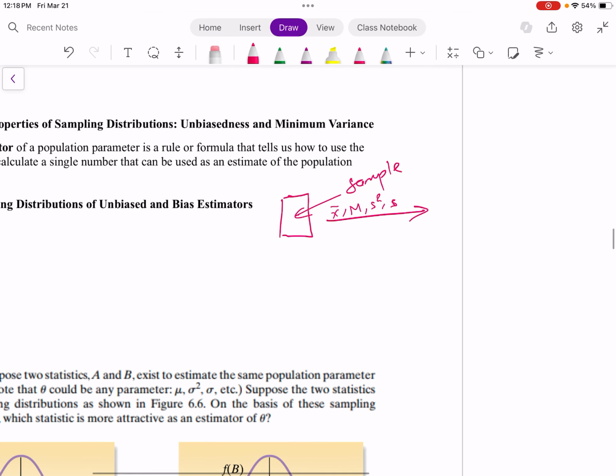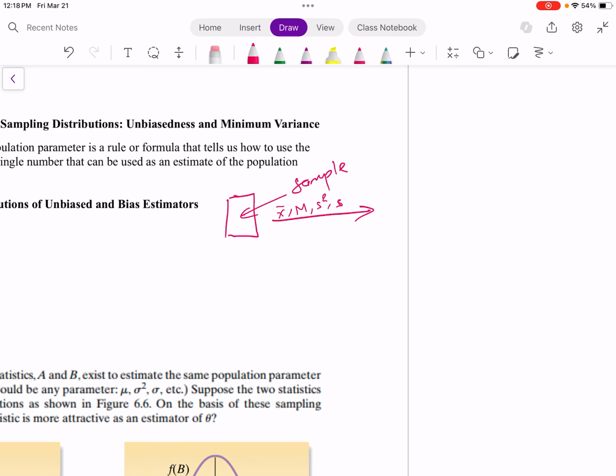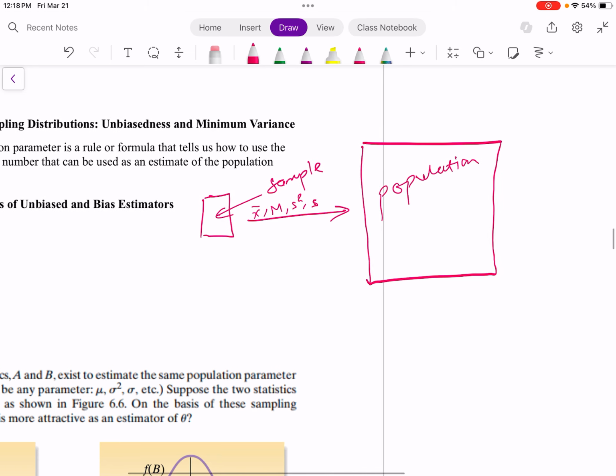And we use this statistic that we get from a sample to make an estimation of a population. A population is always big in size, right? So this is our population.